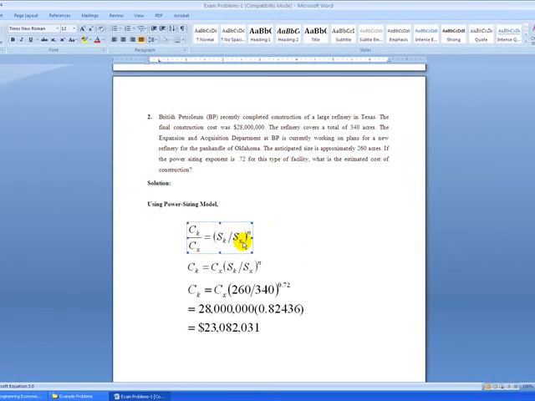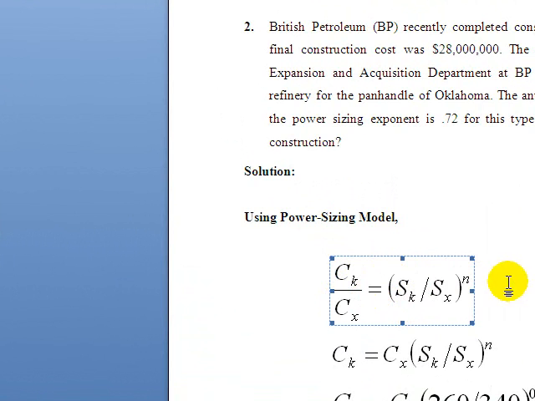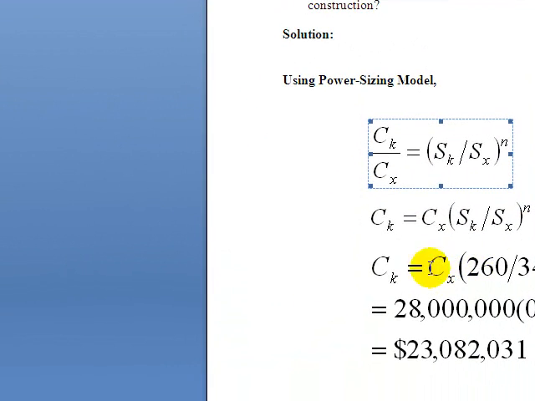This equation you can use for any other problem with different equipments. The equation remains the same: cost on one side and size on the other side. So C sub k, which we need to calculate, is equal to C sub x, multiplying both sides by C sub x, times S sub k divided by S sub x, whole raised to power n. Now we only need to put values in this equation.